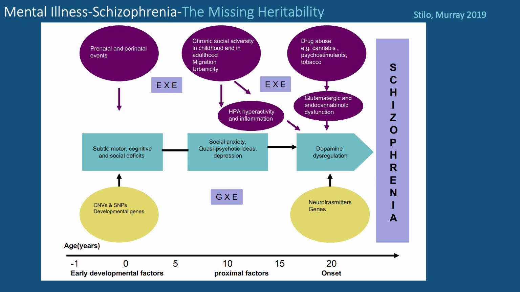All of these factors together are linked to the development of schizophrenia. And so in this cartoon, what you see is really a summary of the interaction of genetics, represented here by a G, and the environmental factors, represented here by an E.